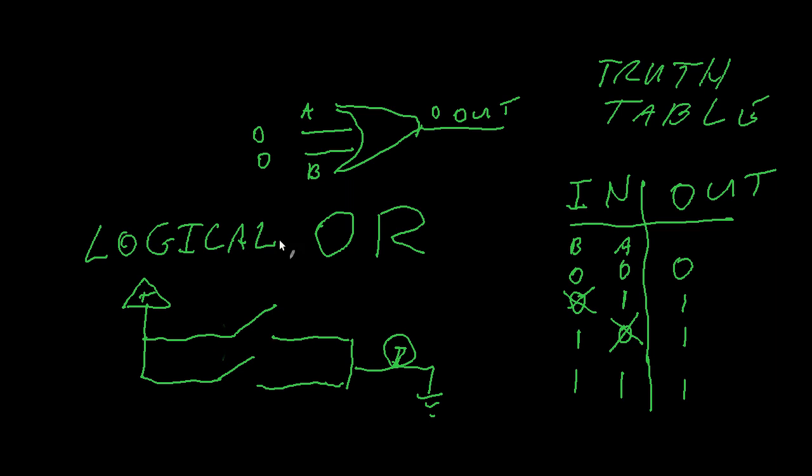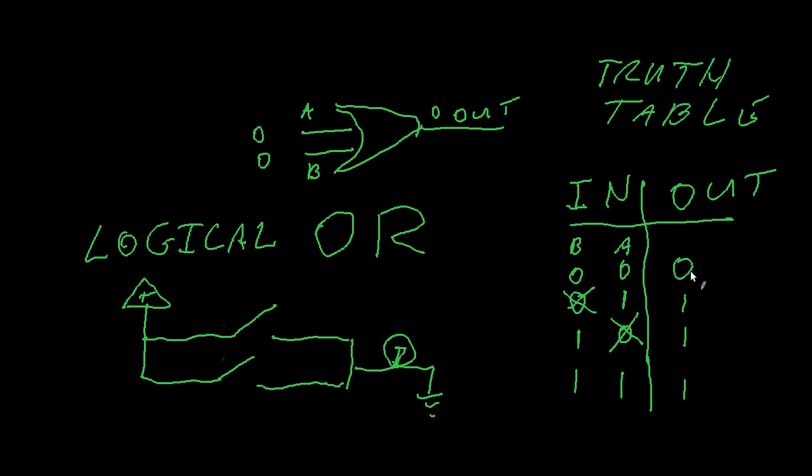And there it is. So if I close this switch, then power can flow through the wire and light up the bulb. If I close this switch, then power can flow through the wire, light up the bulb. If I close both the switches, then the bulb lights up. If both of the switches are open, then the light bulb is off.